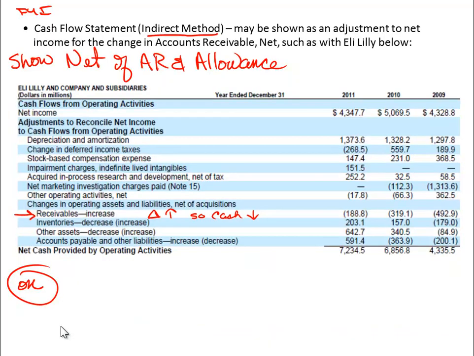When we look at the cash flow statement, you can either show the impact on receivables net, like it is here for Eli Lilly, and we can see that our receivables increased, which we know from a cash flow statement means that I'm going to deduct it because my cash decreased. So that's one way, just showing it net of the accounts receivable and its allowance account.